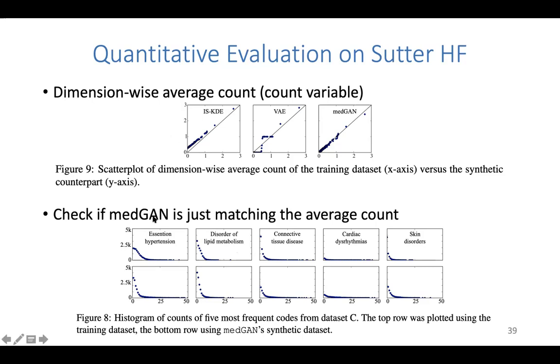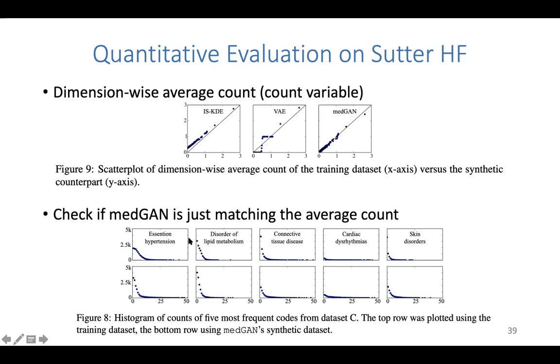And this is the occurrence histogram. About 2,500 times, essential hypertension occurs only one time. And about the same number of times, essential hypertension occurs 2 times, 3 times, 4 times, 5 times, 6 times, gradually decreasing.